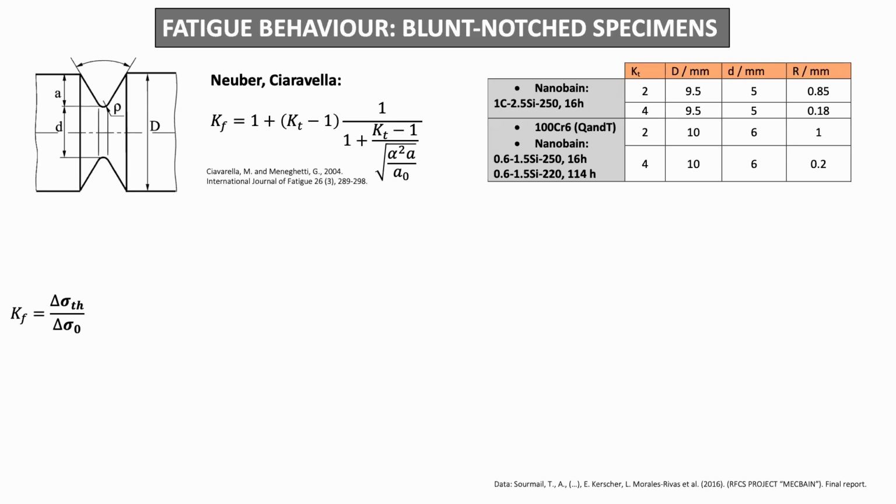For that purpose, we have used different fatigue specimens with a blunt notch with a different stress concentration factor, with the idea to separate the effect of the geometry of the specimen from the effect of the material itself. Doing so, we can apply this equation that is based on Neuber in order to determine the Kf, that is this ratio: the threshold of the nominal stress range over the theoretical fatigue limit of the smooth specimen.